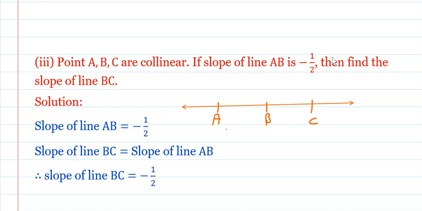So the slope of BC will also be equal to minus 1 upon 2. Slope of line AB is minus 1 upon 2. Slope of line BC is equal to slope of line AB, and hence the slope of BC is minus 1 upon 2.